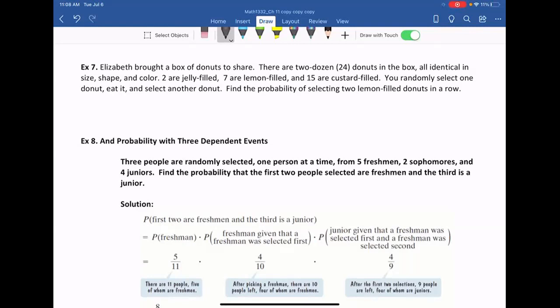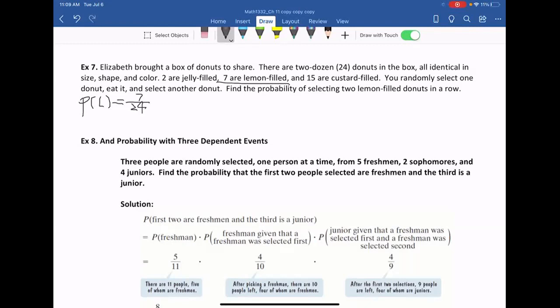Before, we learned that if we choose the first one and we got a lemon-filled donut, the probability should be how many lemon? 7 over the sample space, which is 24. And for the second one, we can't use 7 over 24 because the first event happened.